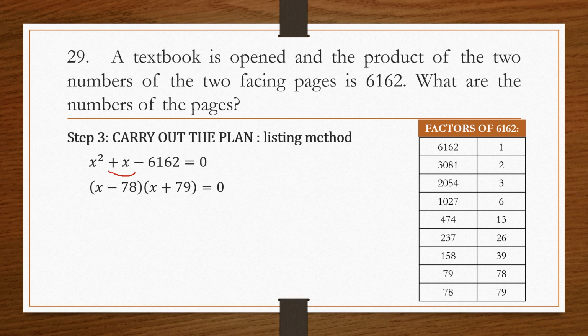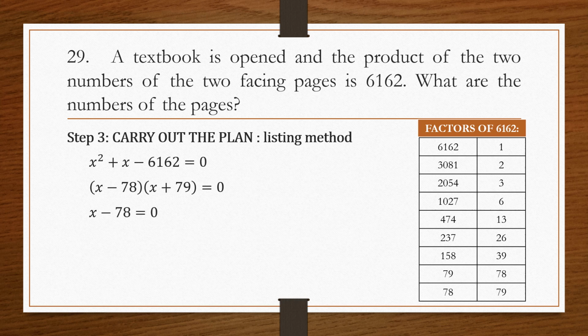So our second term is a result of our inner term and outer term. Ngayon, ano ba yung mas mataas na number na magre-result sa positive? So we have there 79.